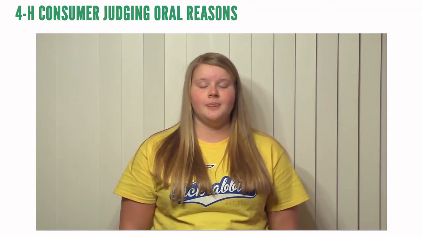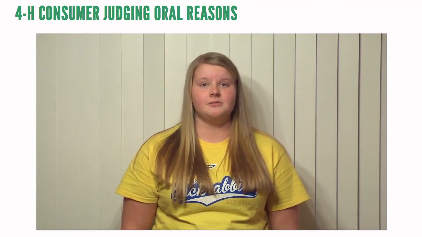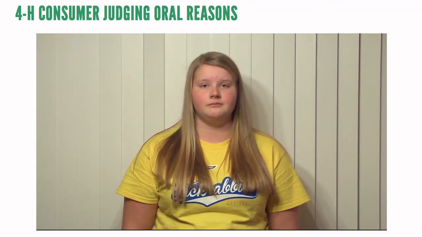In my bottom pair today, I placed number 3, the Nike sports shirt, over number 1, the Champion sports shirt, because it cost $35. It had odor protection, sun protection, and easy to care for instructions. And I criticize and leave number 1, the Champion sports shirt, at the bottom of my class today because after 6 to 9 months of wear, it starts to get a permanent odor. And that is why I placed this class of sports shirts 4, 2, 3, 1.